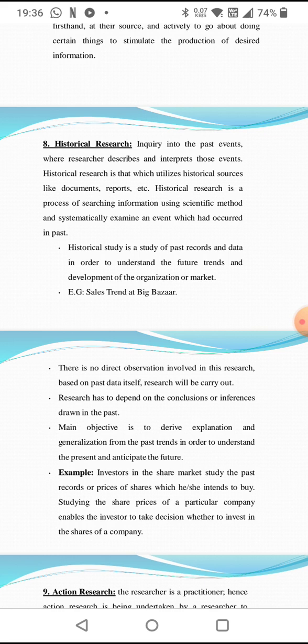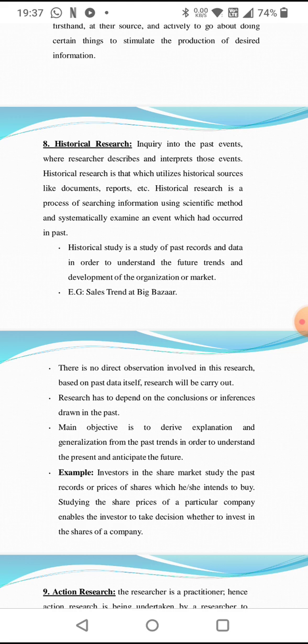Historical research is that which utilizes historical sources like documents, reports, etc. It is a process of searching information using scientific method and systematically examining an event which had occurred in the past, that is in the history, wherein probably you might get the records or you may not get the records for this historical data, but still you need to give the report of whatever you have been studying, or you have observed, or you have interviewed with people related to these concepts or these parameters.